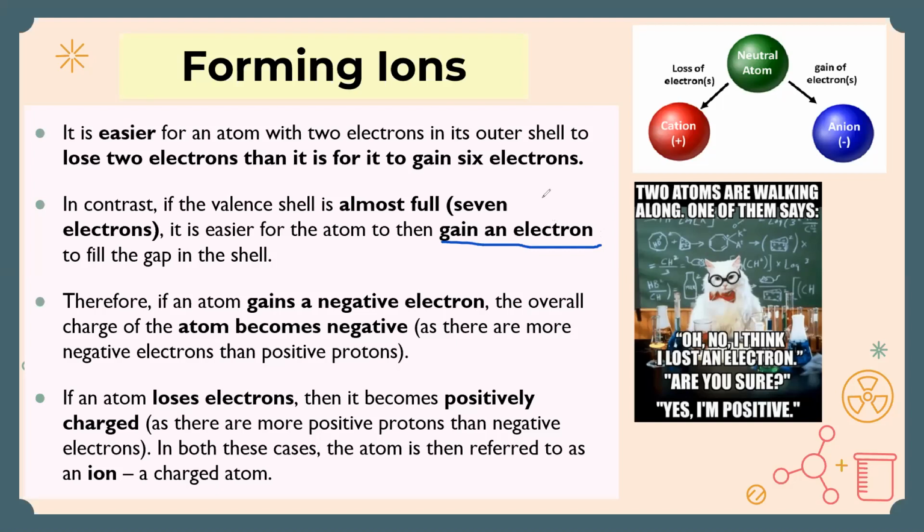So you have to use your logic when deciding whether an element will form a cation or an anion, whether it will be positively charged or negatively charged. The basic rule is that most of our metals form cations and most of our nonmetals form anions.